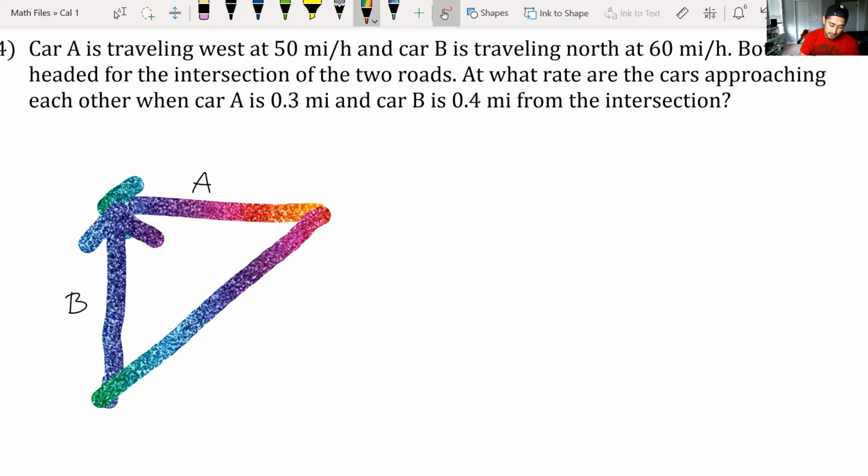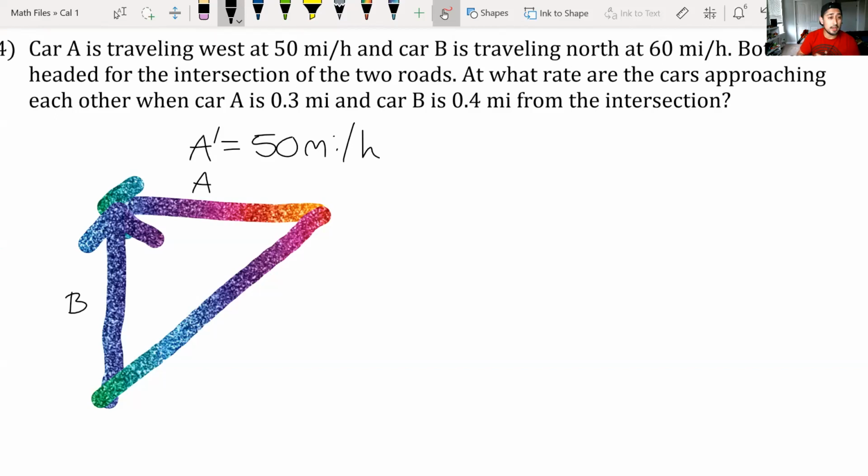All right, so now let's label some stuff. We said that car A is traveling west at 50 miles per hour, which means that's not A, that is A prime, because 50 miles per hour happens to be a rate. So right above A, I'm going to say A prime, 50 miles per hour.